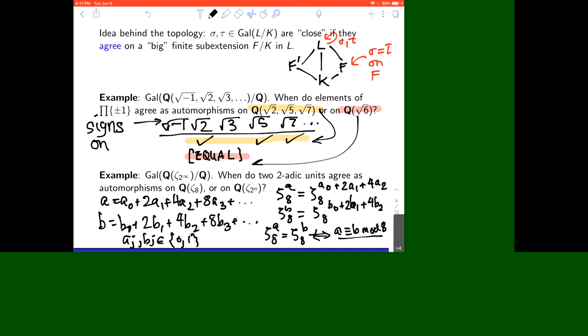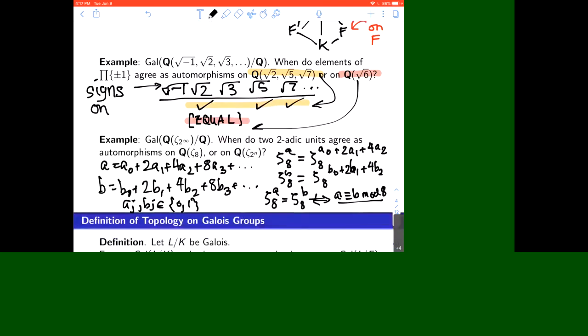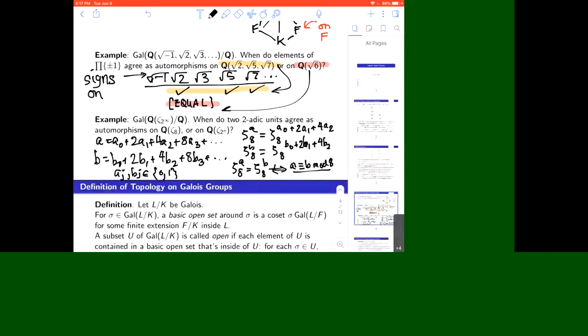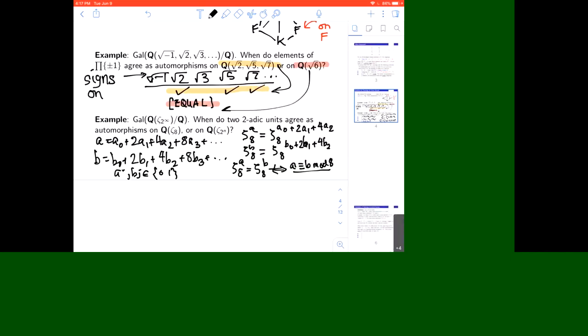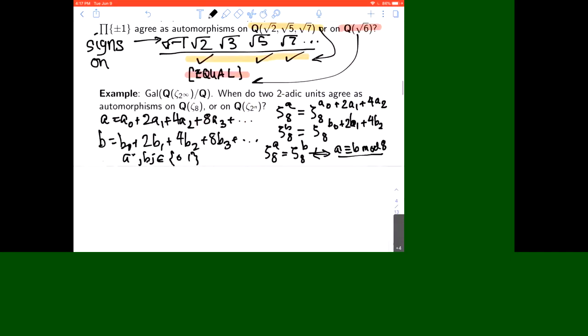In other words, another way of saying it is to say that A is the same as B mod 8, because I'm writing them in base 2, it basically means all the digits have to be the same.